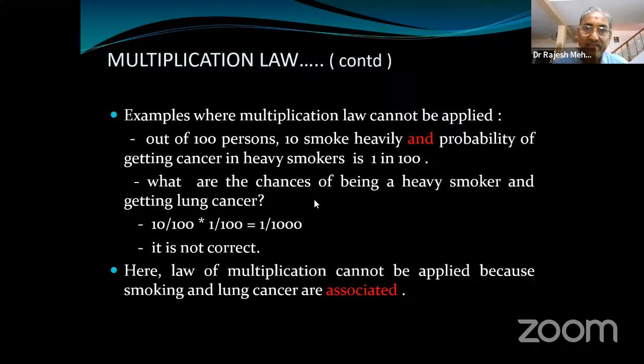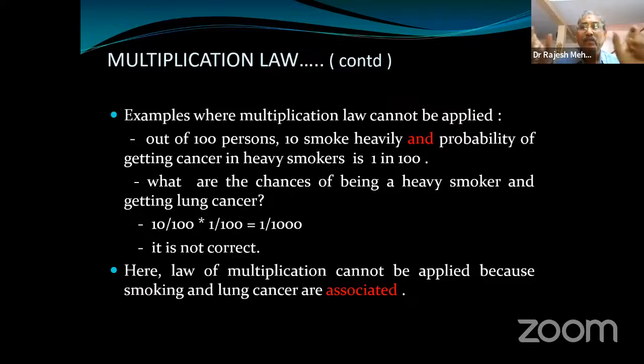If you multiply, 10 out of 100, and this is 1 out of 100, multiplication says 1 upon 1,000. That is, only one person will get cancer as well as be a heavy smoker. This is not possible because smoking and cancer are associated together, and that's why here you cannot apply the law of multiplication.